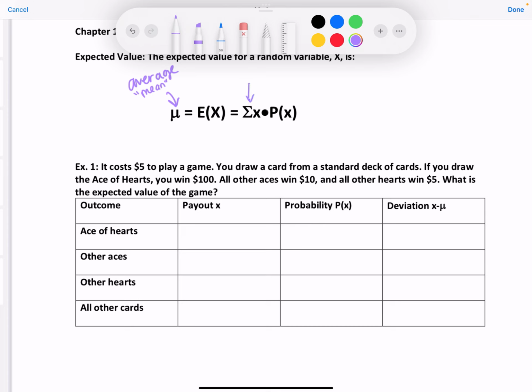Fancy E is the sum of. X is the payout. Doesn't always necessarily mean it's going to be money, but it's just the generic term we use for it. And then P of X is the probability of each payout.